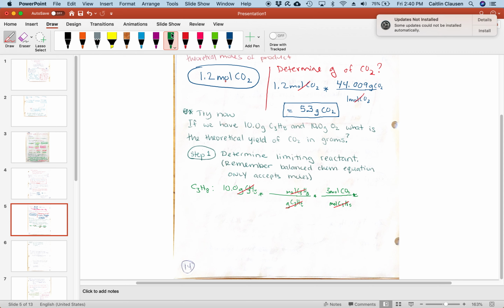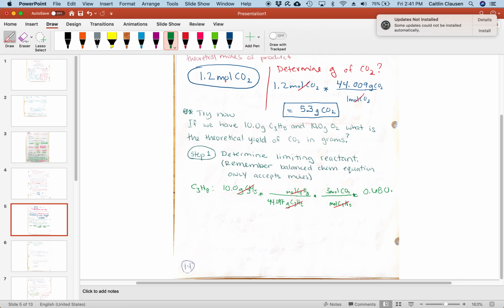That's 44.097 grams. Now I can do the math. 10.0 divided by 44.097 times 3 is 0.680.